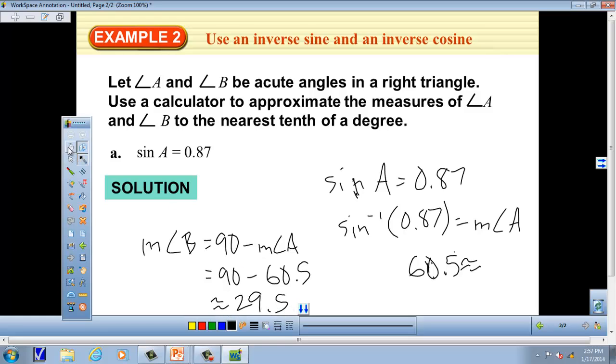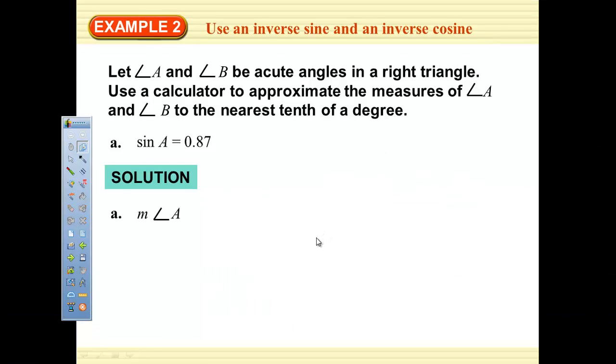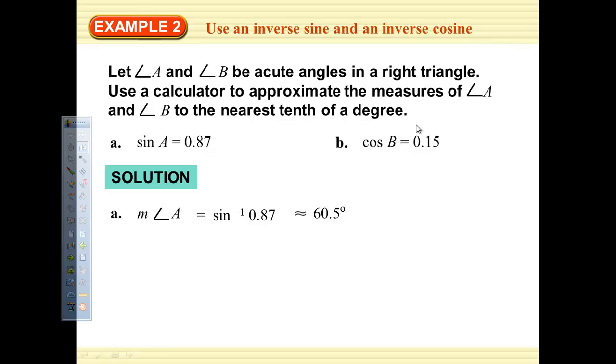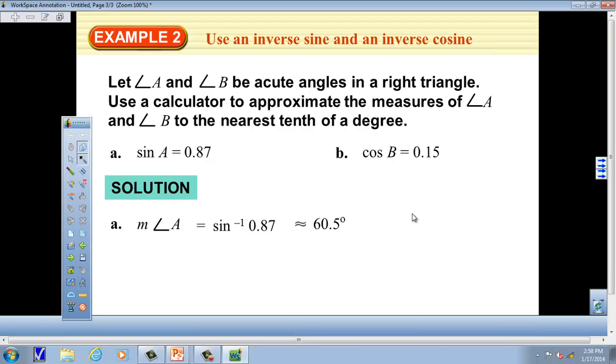Okay? So again, the measure of angle A is the inverse sine. That's 60.5. Oh, I'm sorry. And then here's the cosine of B. So we do the same thing. I got a little confused, but that's okay. The cosine of B is 0.15.